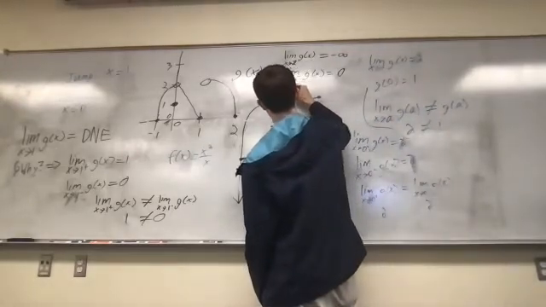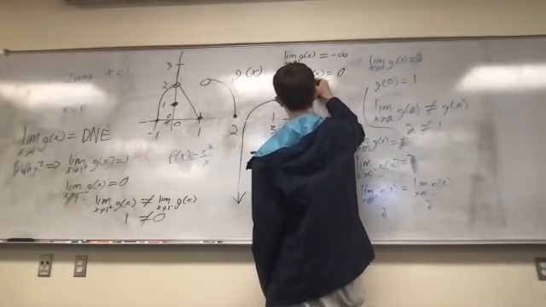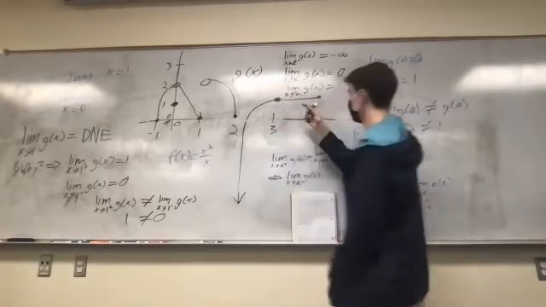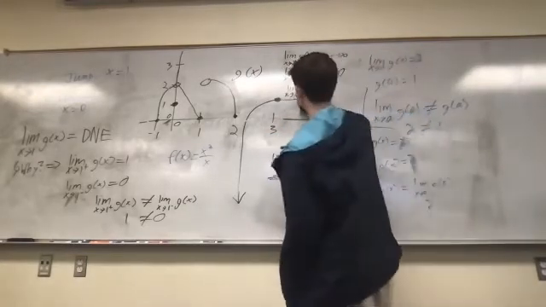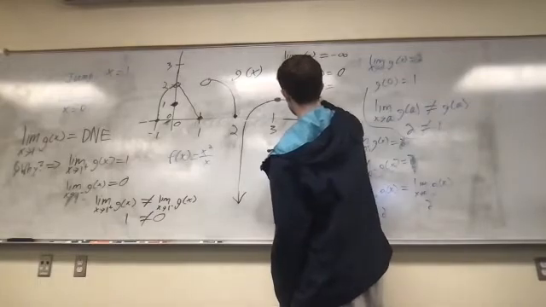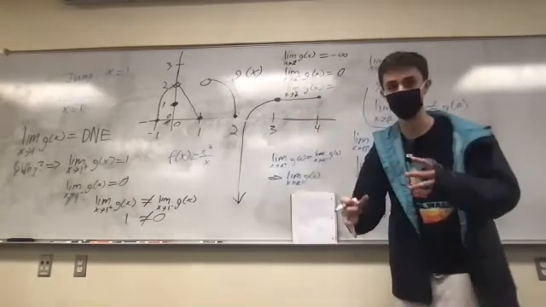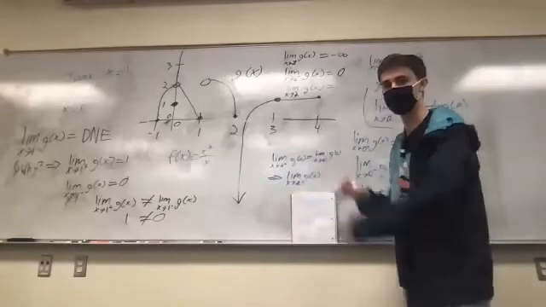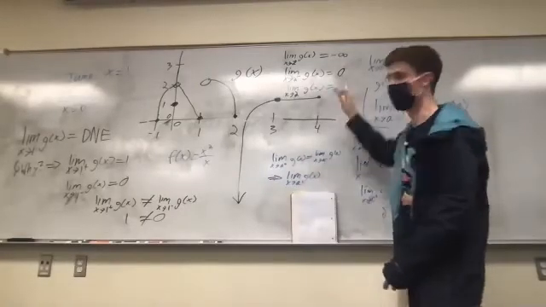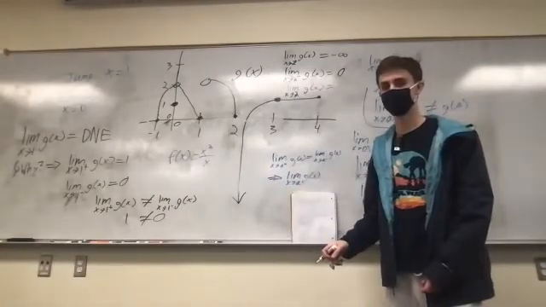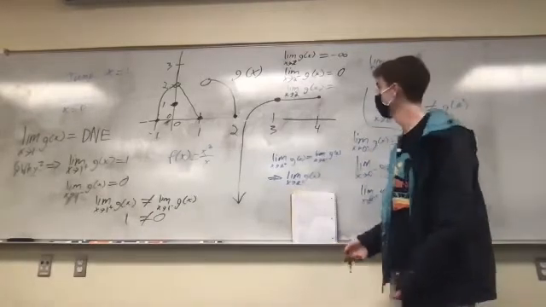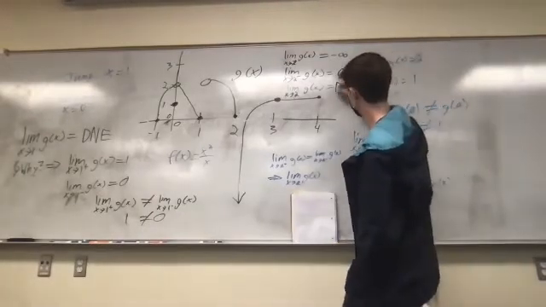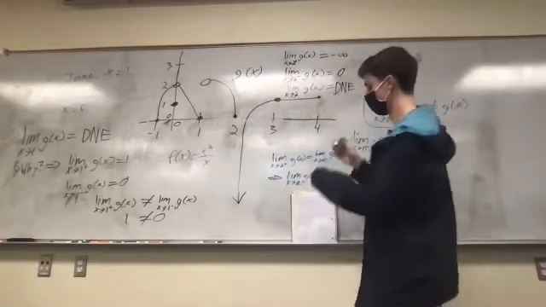Say the limit as x goes to 2 of g of x. Notice it's not from both sides, it's just the limit of both sides. Then what would it be? Does not exist.